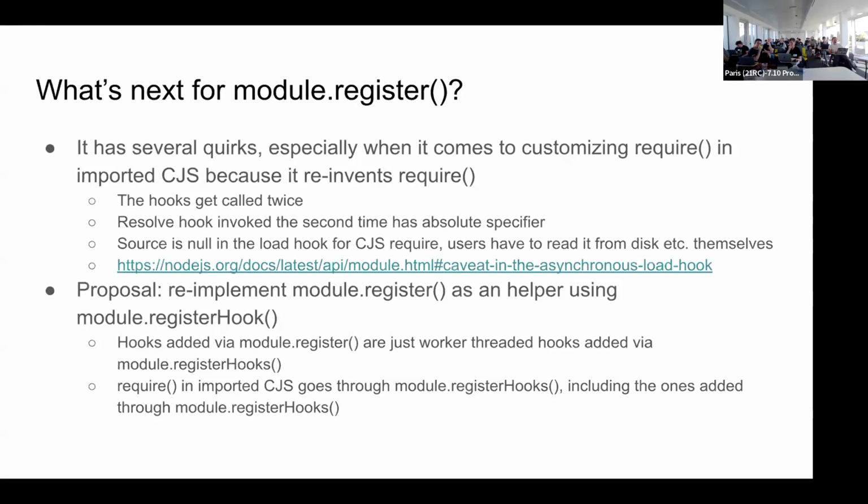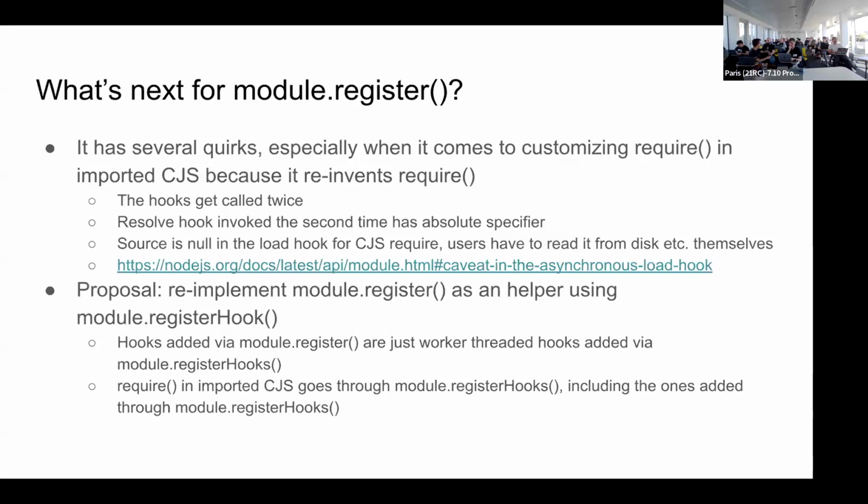And then in terms of whether or not to remove register, perhaps we can try to detect if there is anything that is truly asynchronous in there, or write a codemod to port them from register to register hooks, because some loaders or customization things can work for both.